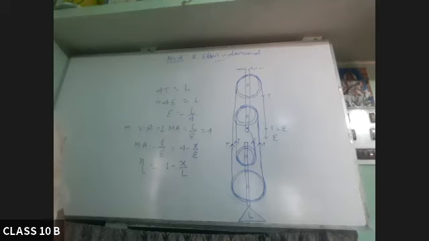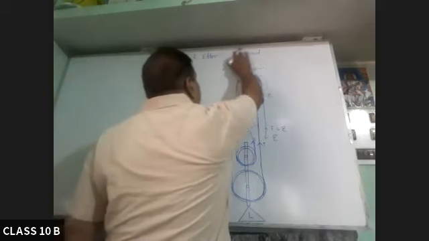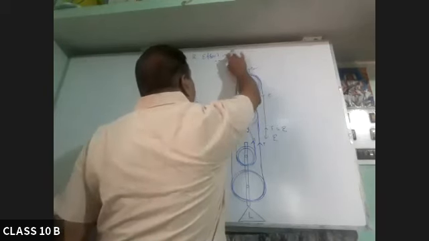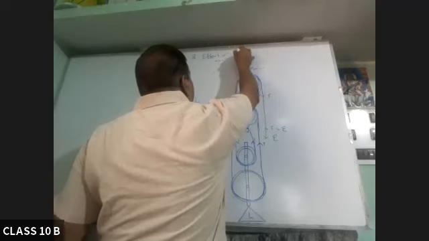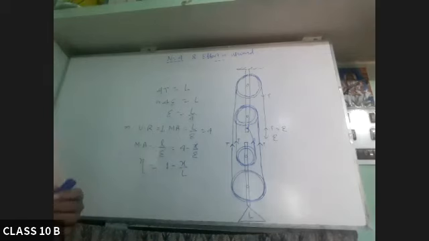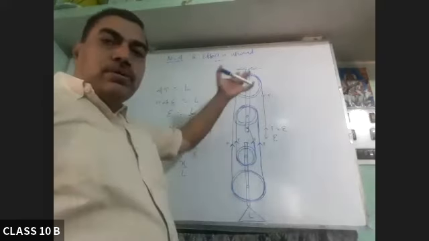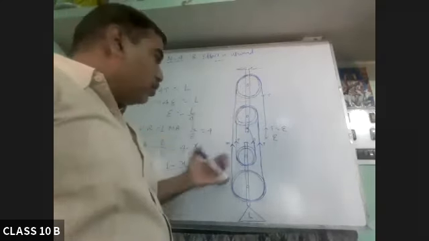Now you try to make it when effort is applied in upward direction. As the pulleys are given, 2 are in the fixed block and 2 in the movable block.